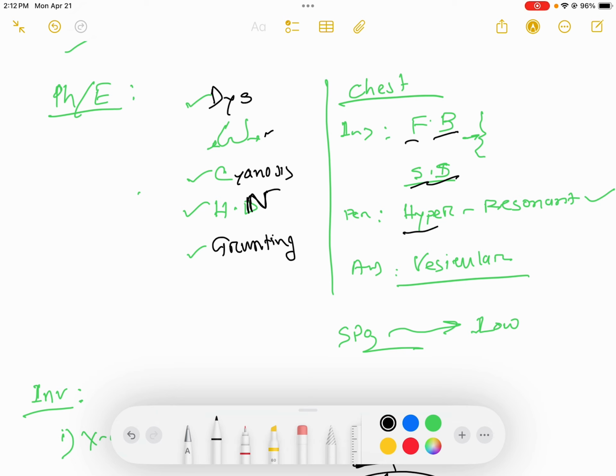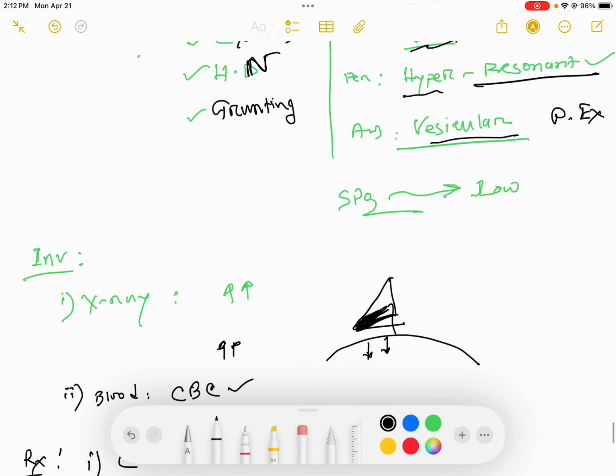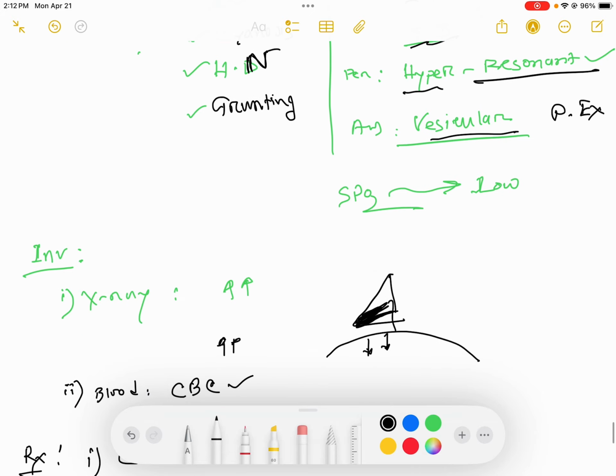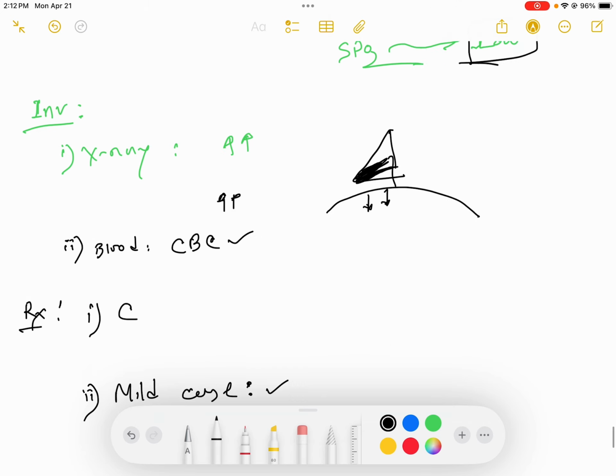Percussion shows hyper-resonant. Auscultation: breath sound is vesicular with prolonged expiration, widespread bronchi, sometimes fine crackles. Saturation percentage of oxygen is usually low.